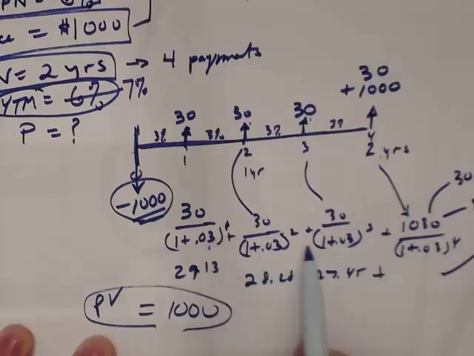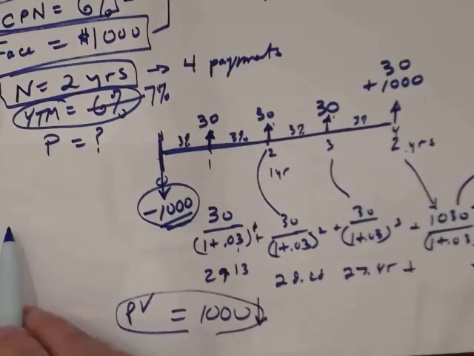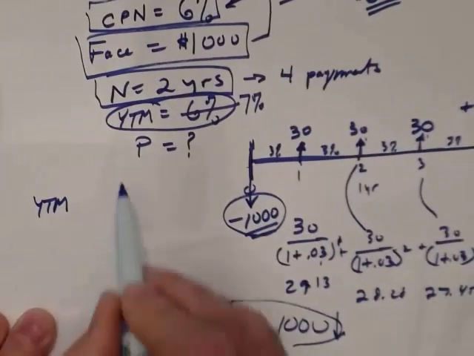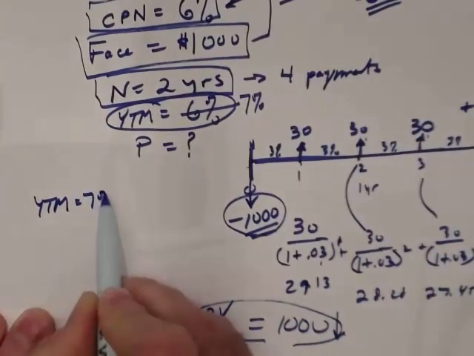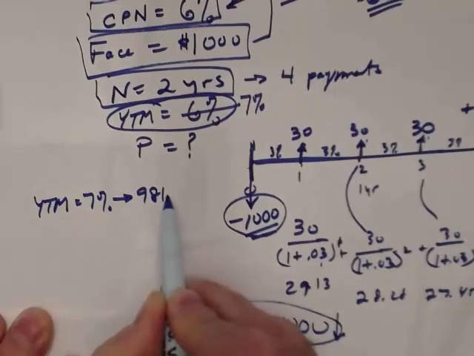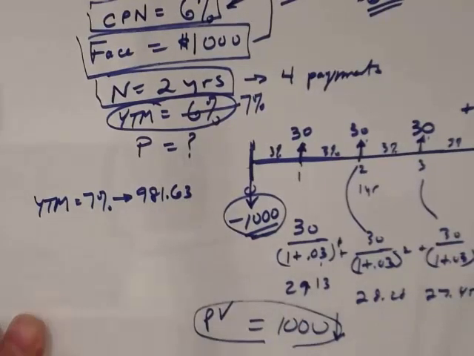The denominator goes up, which means the price is going to go down. If you do the calculation, for a yield to maturity of 7%, you will get a price of $981.63.